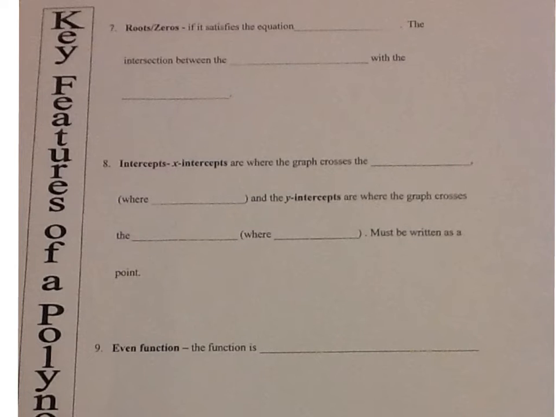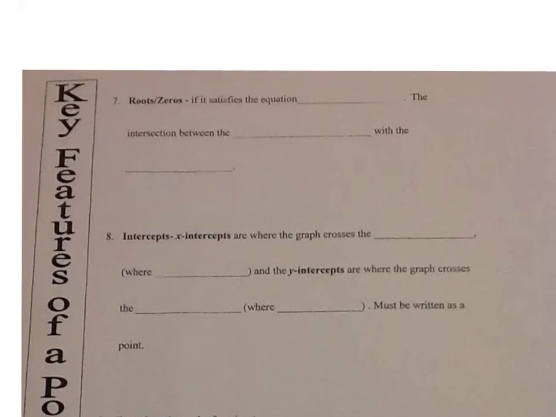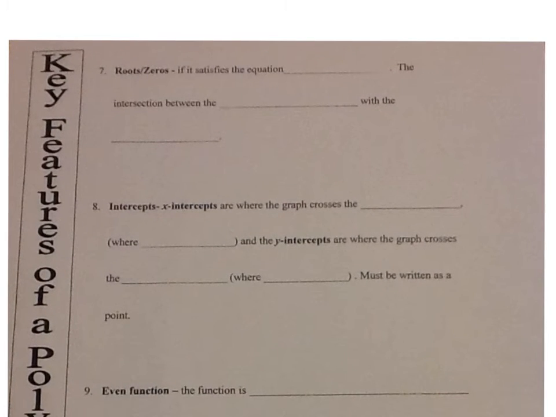Okay, so flip your page over to get to number 7. It says the roots or zeros. So this is very familiar. We've been working with this since the beginning of the year. If it satisfies the equation, now I'm going to put down the equation of a parabola, quadratic: ax squared plus bx plus c equals 0.